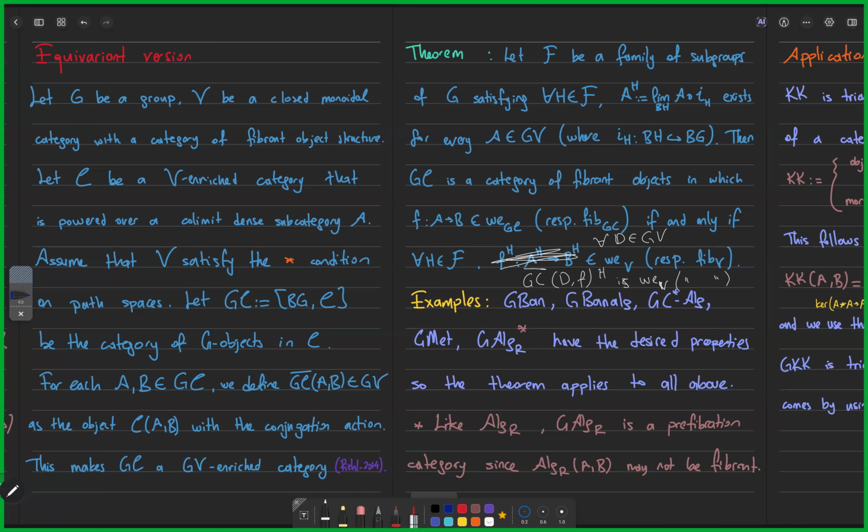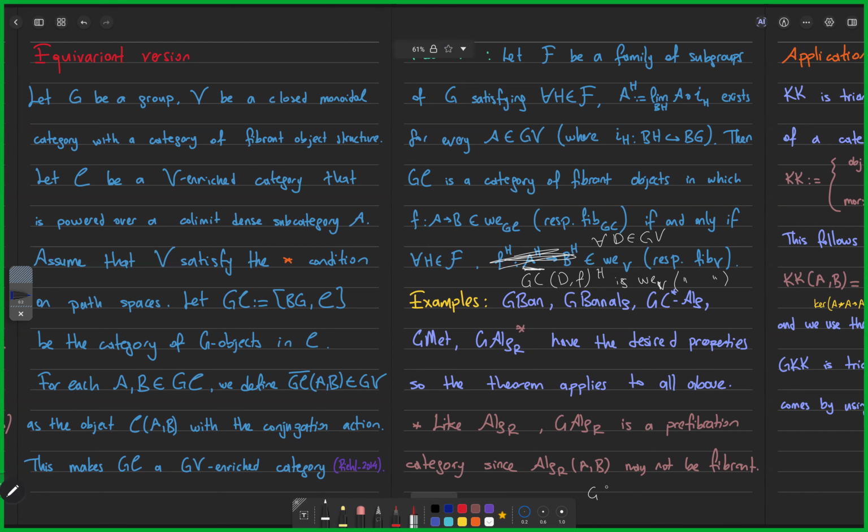Sorry. Remember, the induced map here, that bar here means that, so let me write here.